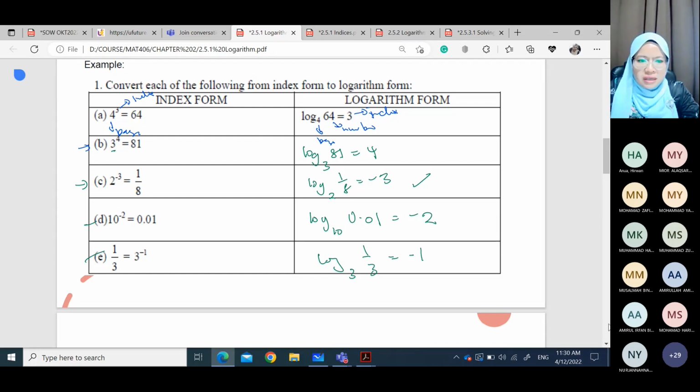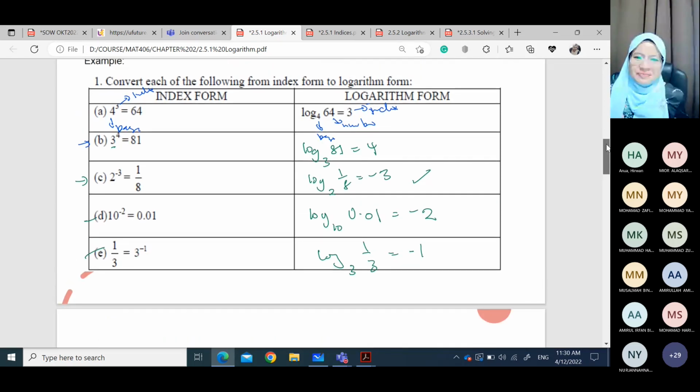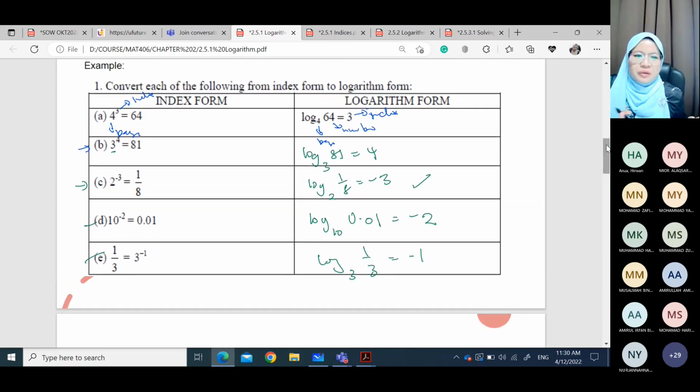Okay, kenapa kita nak kena belajar index dengan logarithm ni? Apa guna dia? Okay. So, index and logarithm, dia ada relation. Dia related each other. Okay, so biasanya kita gunakan log ini untuk kita selesaikan masalah yang melibatkan kuasa.